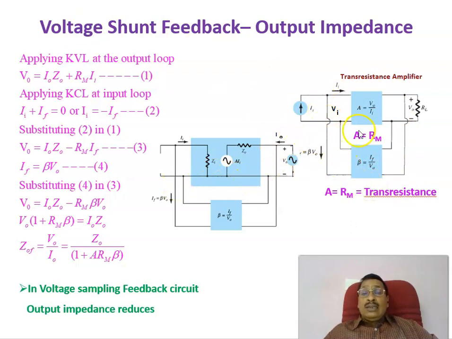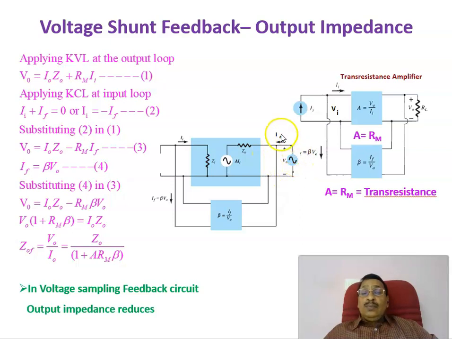Now to find out the output impedance, as we have seen, if the input is a current source, we have to open circuit. Therefore, we are open circuiting at the input side and we are applying a voltage source V0 at the output side, and we are watching what is the I0. V0 by I0 is the output impedance with feedback. Now write Kirchhoff's voltage law to this output loop.